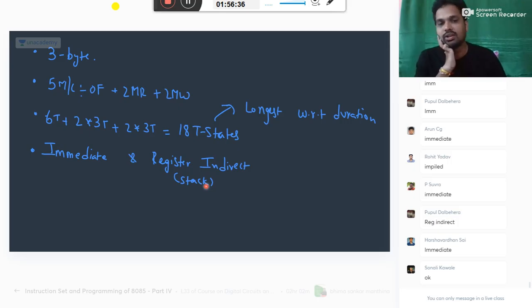So both are correct here. So no flags affected. No flags affected.